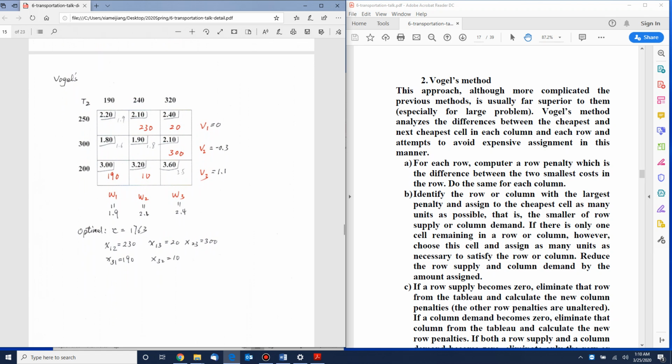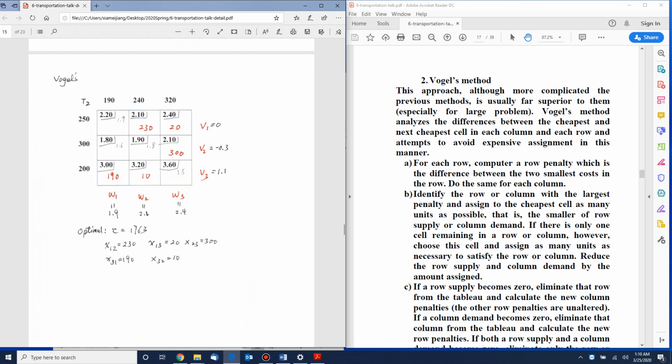And when we work out tableau 2, we can find the optimal solution, where the cost is actually 1763, and x12 equals 230, x13 equals 20, x23 equals 300, x31 equals 190, and x32 equals 10.